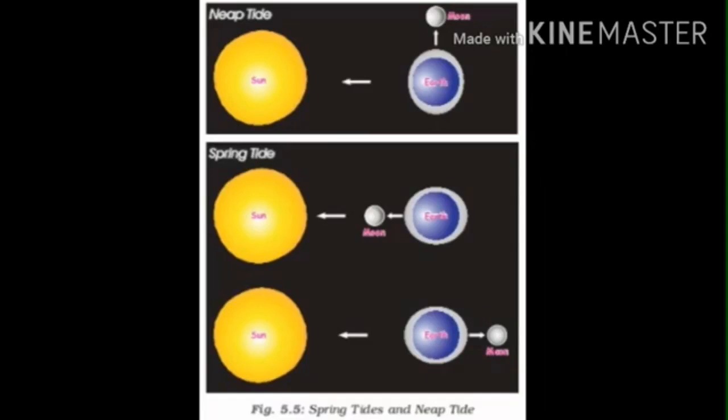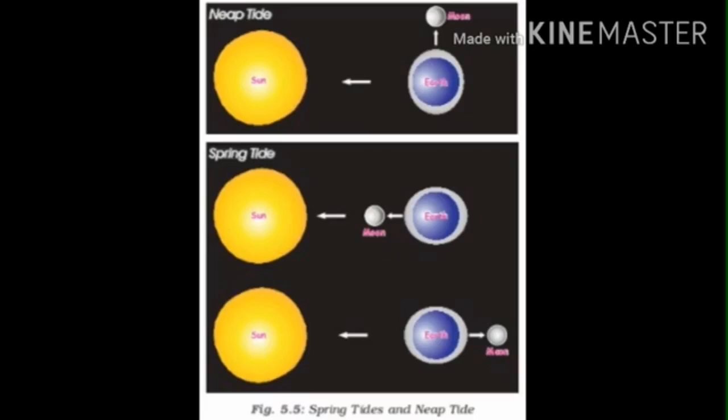Okay children, at first in the tides, the first one is spring tides. What is meant by spring tide? Yes, when there is a new moon or full moon, the gravitational pull of the moon and the sun is combined. Clear children? This is because the sun, the moon and the earth are in a straight line. You can see the picture above.